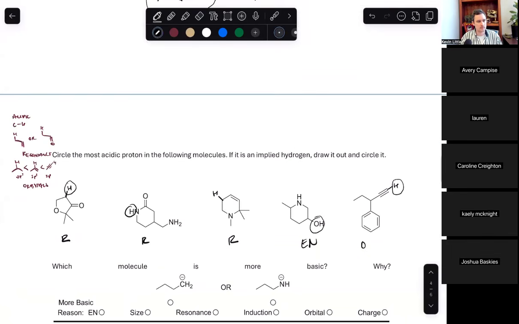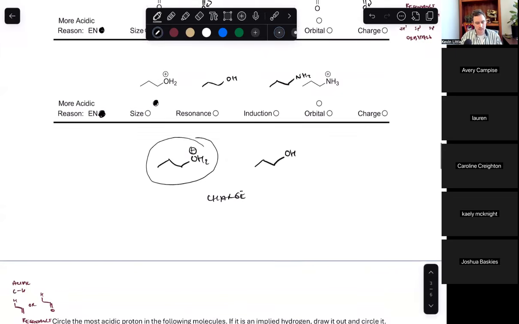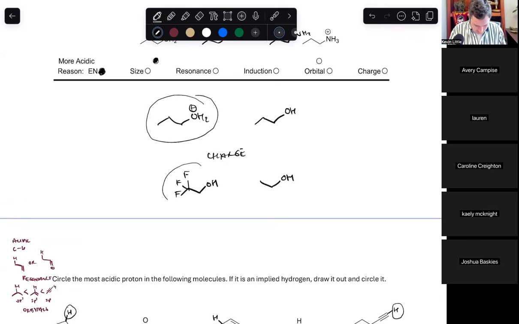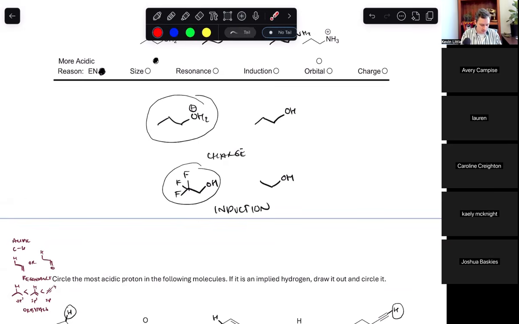All right. I think I answered which hydrogen you want to take off while talking about this. Induction again. That's more acidic because if I take that hydrogen away, the negative charge is stabilized by these nearby electronegative things.